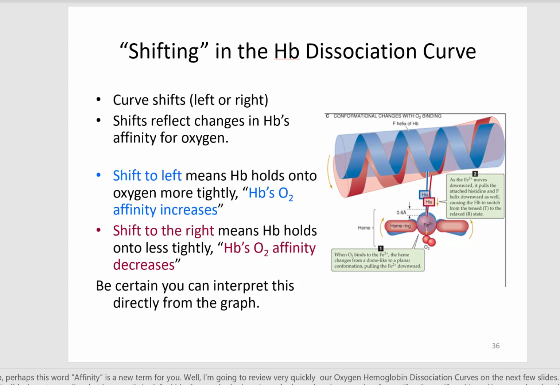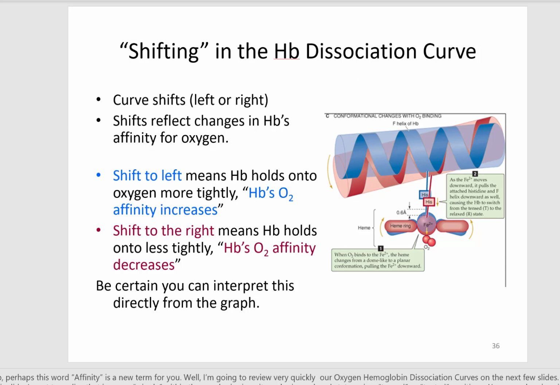These shifts reflect changes in hemoglobin's affinity for oxygen. A shift to the left will mean that hemoglobin is more greedy. It holds on to oxygen. Its affinity increases. A shift to the right means hemoglobin holds on to oxygen less tightly. Hemoglobin's oxygen affinity decreases.